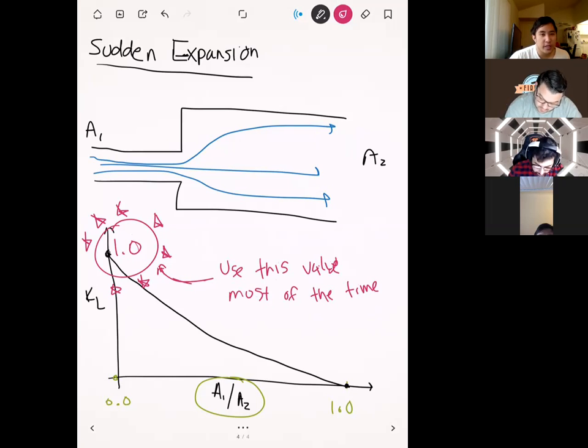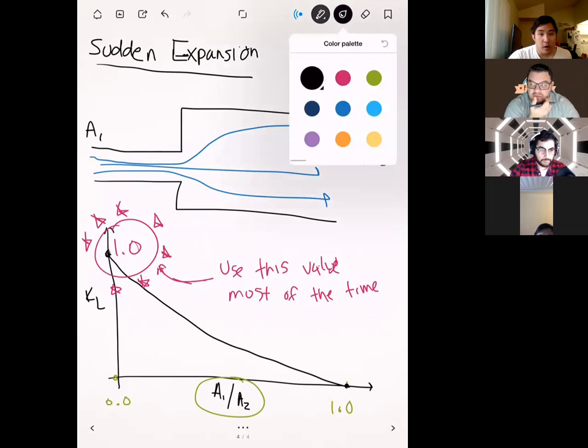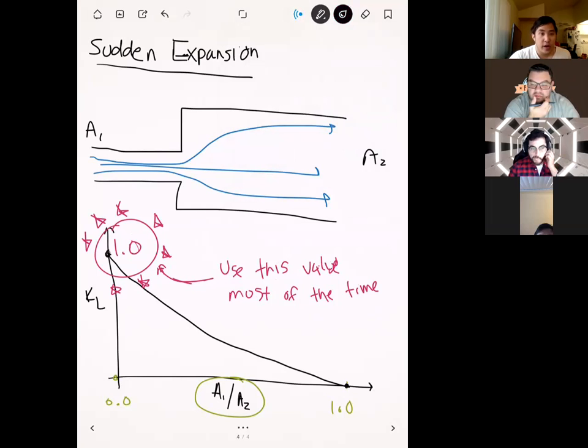And as the ratio gets closer and closer to 1, then the loss coefficient isn't as high, just because you're not expanding or contracting into a much smaller or bigger area. Any questions on this? Okay. All right, so these are how you find the loss coefficients for sudden expansions and contractions. And remember, for everything else, you're going to look it up in table 8.2.